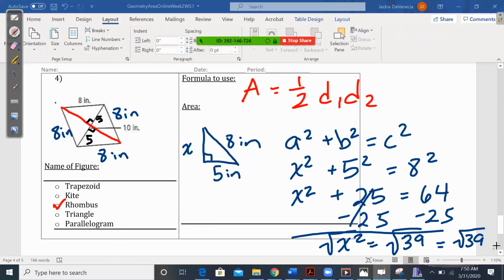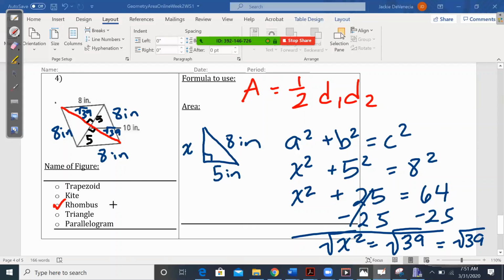Now 39, you can't really break it up. It'll just be 1 and 39, and it'll just give me the same square root thing. So I'm going to leave it like that. So I found one of the sides over here. It's the square root of 39. And if this side is the square root of 39, this other side will be the square root of 39.